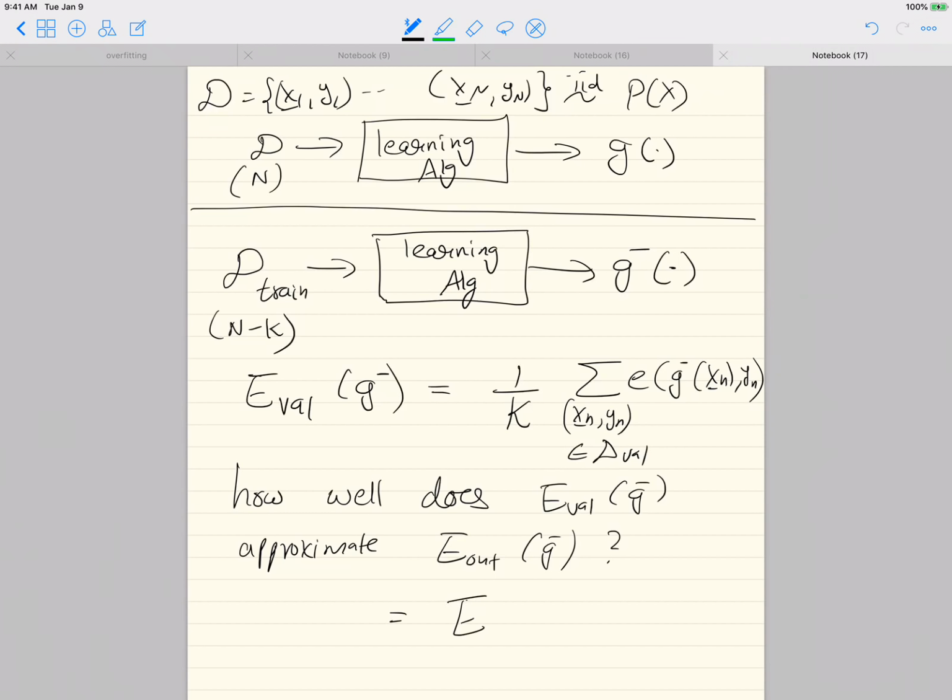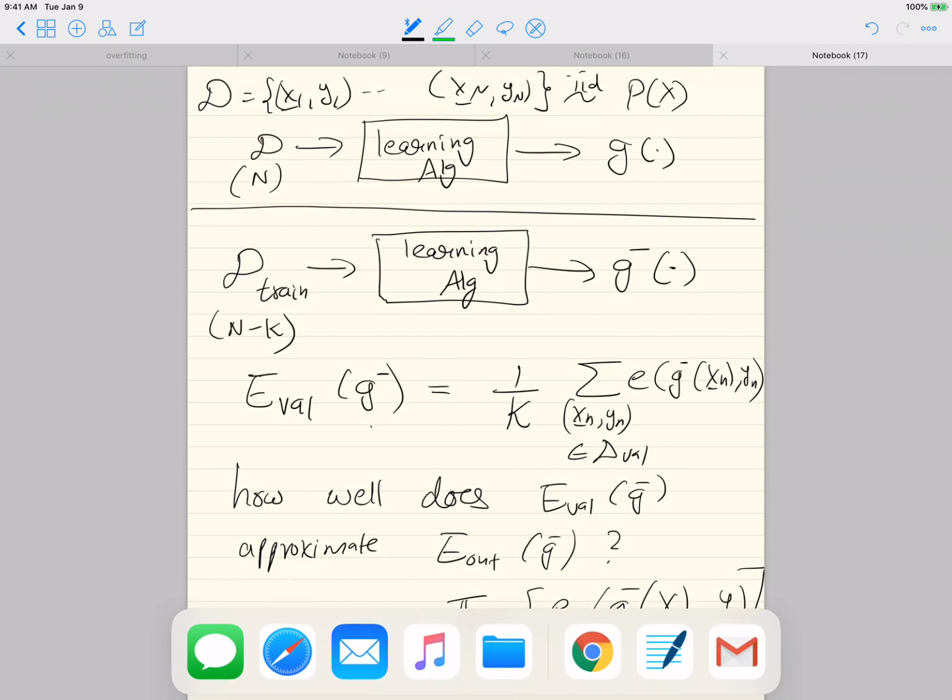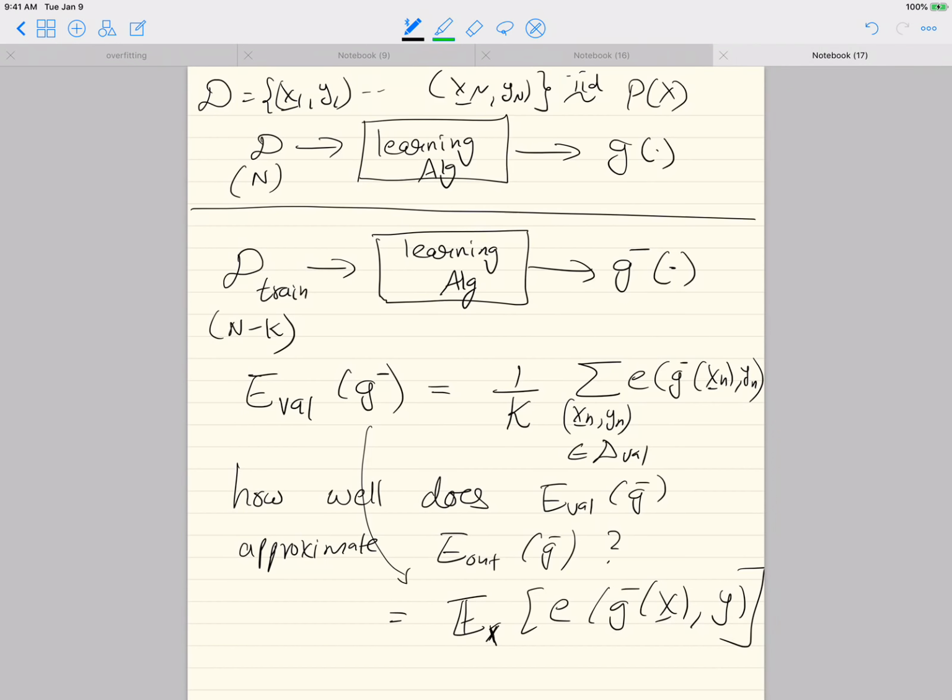This is E out, the expected value over X of E of G minus of X and Y. We want to approximate this using Eval of G minus. So the question is, is Eval exactly equal to this? Is it approximately equal to this? And if so, where is the approximation?